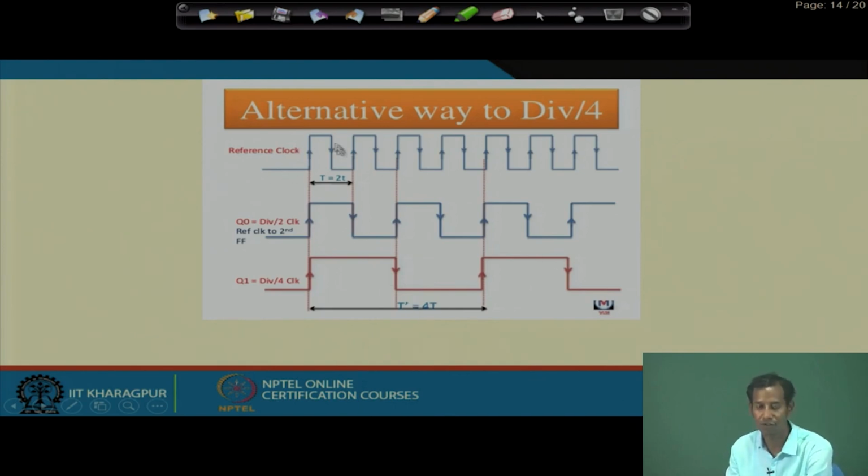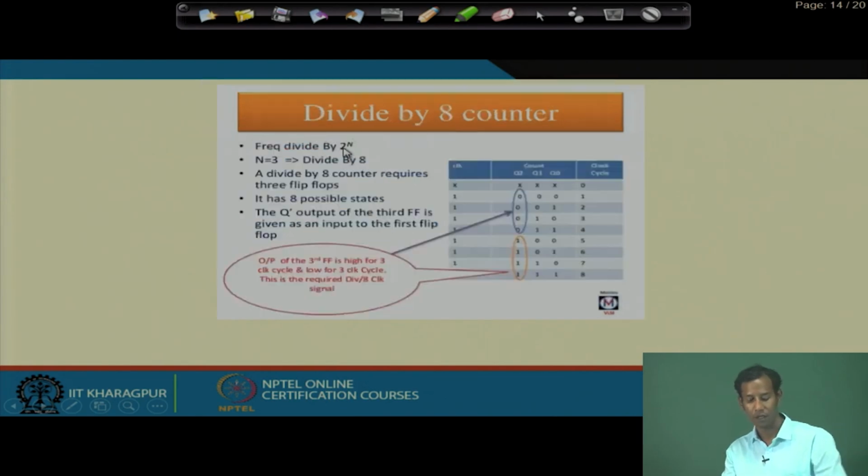Here you see this is the reference clock. From this Q 0 we are getting the divide by 2 clock, which is the clock for the second T flip flop. Then again this will divide by 2, which will make the divide by 4 of this reference clock.